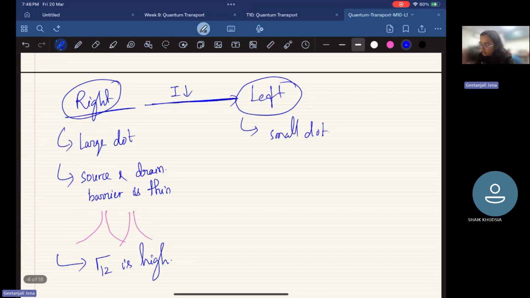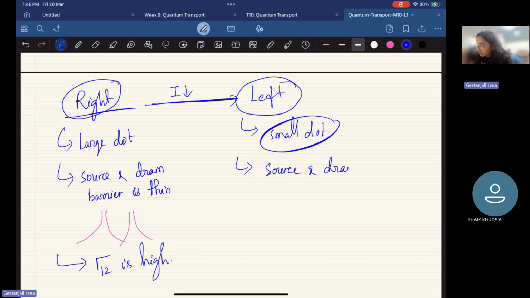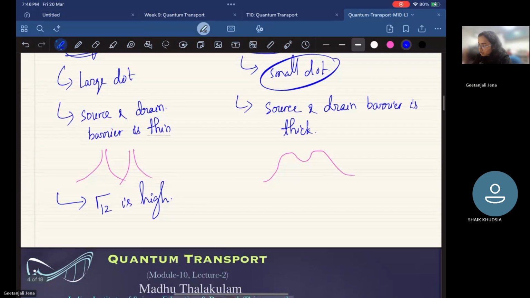On the other hand, on the left side, we have a small dot, and the source drain barrier is thick. So this is the few electron region, and because of this thick barrier, the tunnel rate is low.